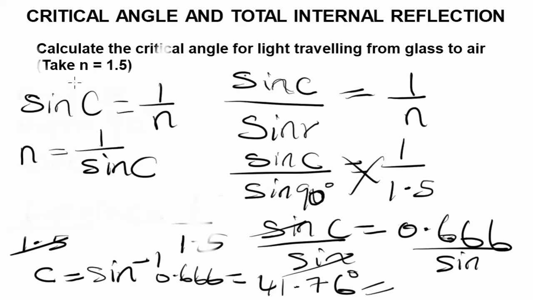Critical angle is the inverse of refractive index, or refractive index is the inverse of critical angle. So this is basically how you can attempt or solve problems involving critical angle and use it to determine total internal reflection and also identify the relationship between the two of them.